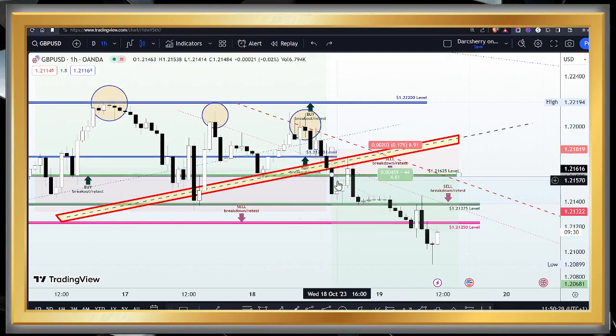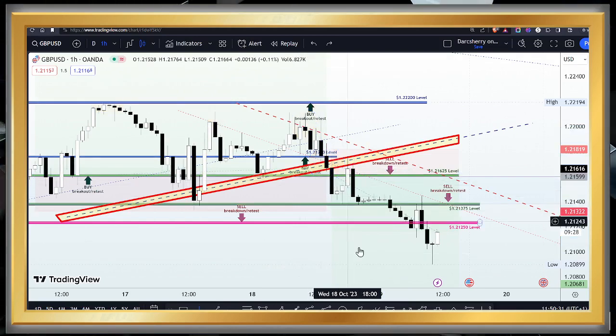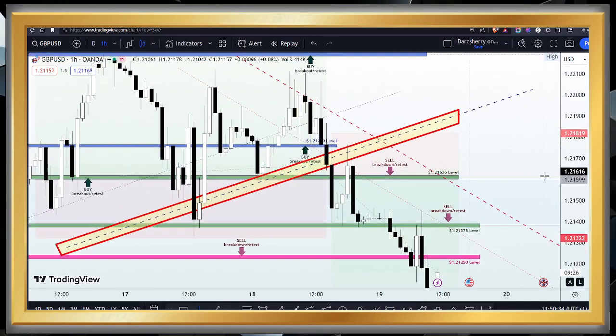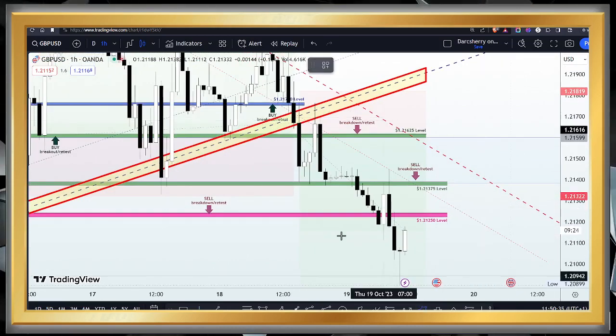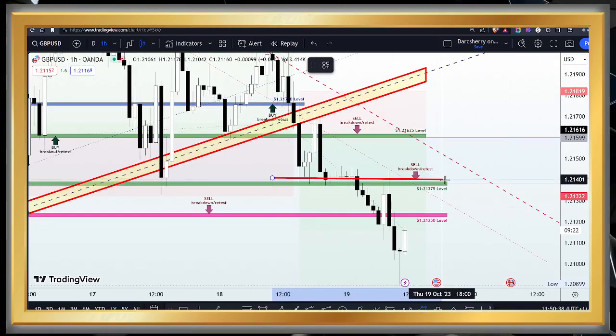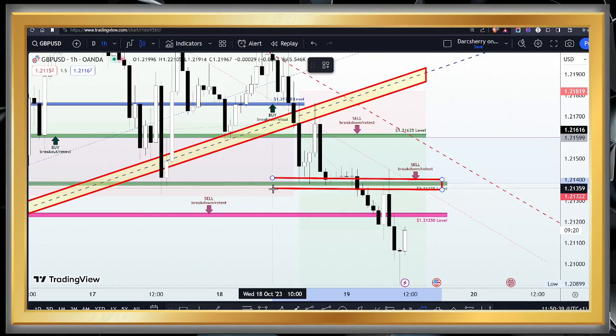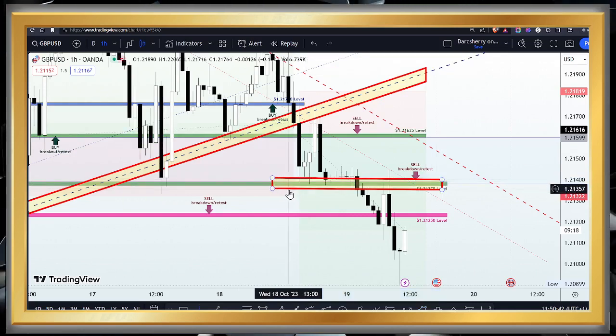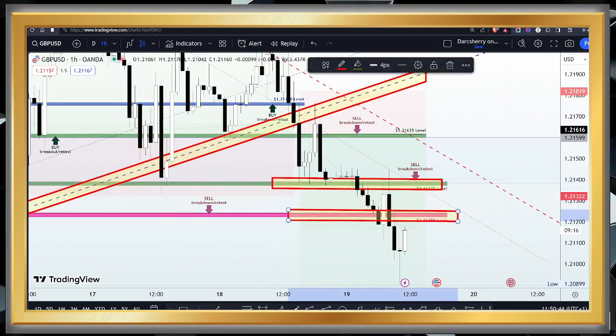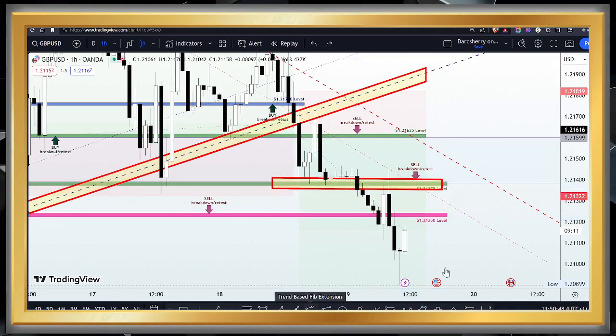And since that breakdown happened, we have been selling. And remember, I mentioned here yesterday that we are going to be using the breakdown retest of these levels at the 1.21375, and of course that key level at the 1.21250, to add more sell positions to our existing trade.